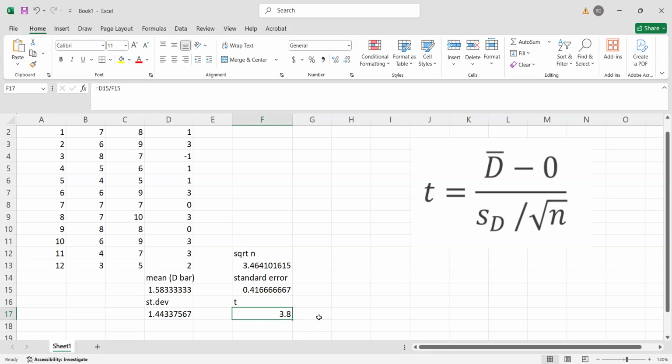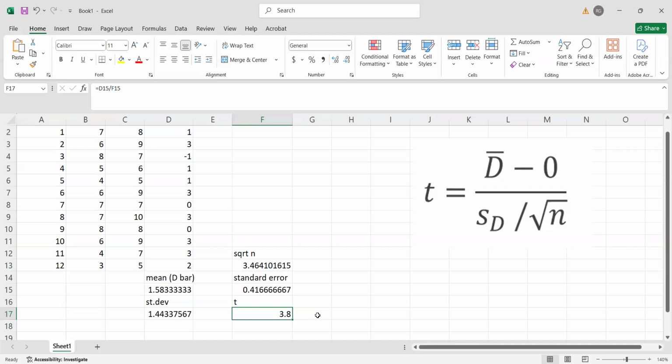We'd look that up, and let's say it's a one-tailed test because I think that Mozart music is going to help increase people's scores on the second quiz. We look up a one-tailed test with an alpha level of 0.05 and degrees of freedom of 11. We'd figure out what the critical t-score is, and we would compare our observed t-score that we just calculated, 3.8, against whatever that critical t-score is in the table.